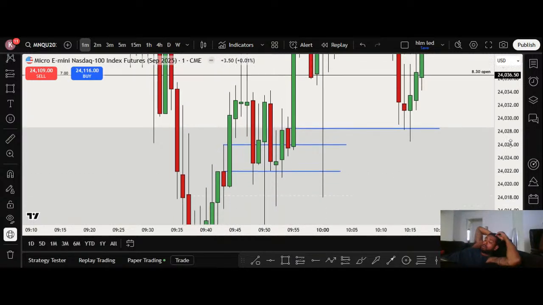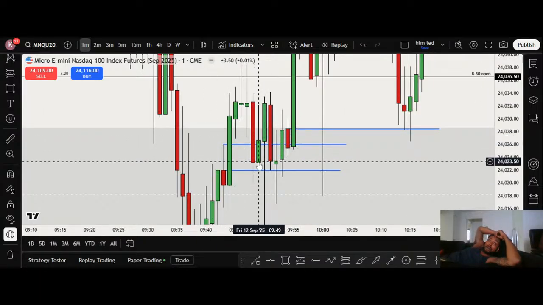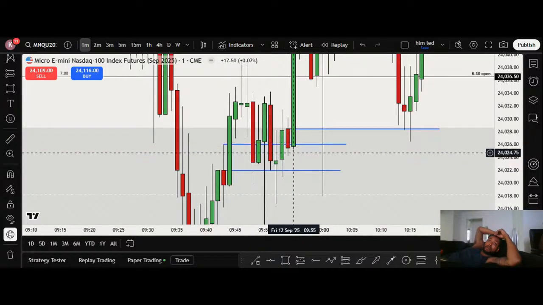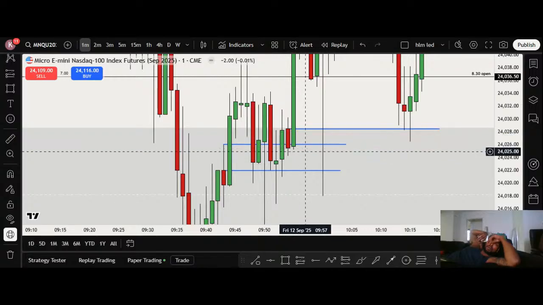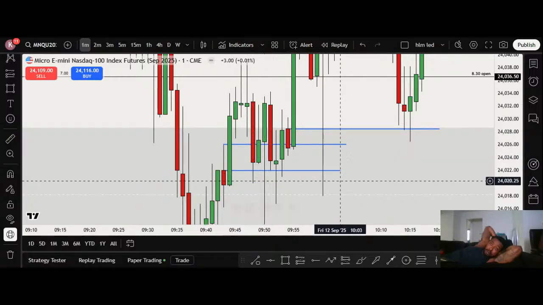Now, what does that mean? That means you do not want to see no closes of price, no body closes. See how these bodies stayed in this range right here? There was no closes below this range.